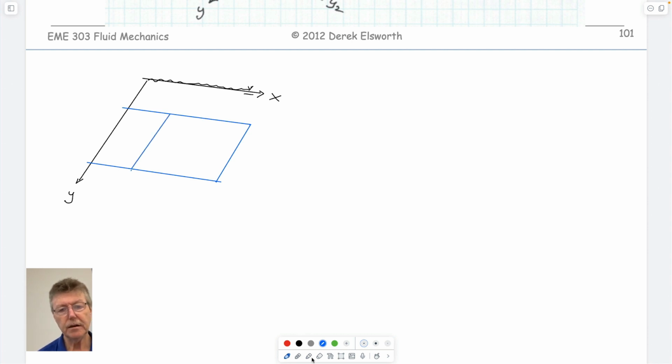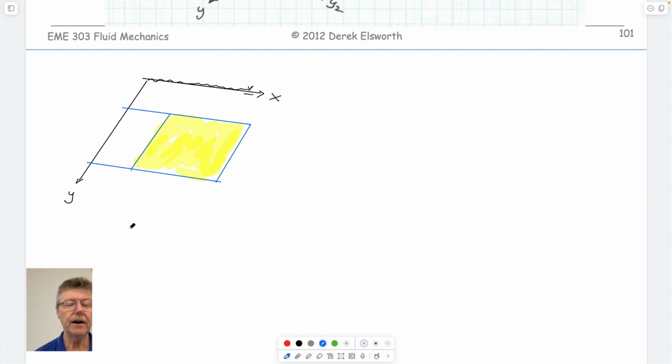I'm going to use this marker to represent the plate. Oh, this is art. So the geometry we've looked at is a plate that's below the surface.